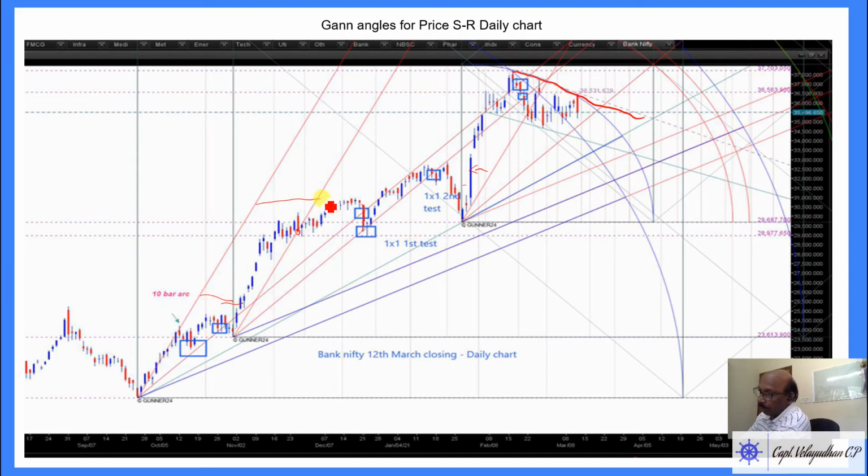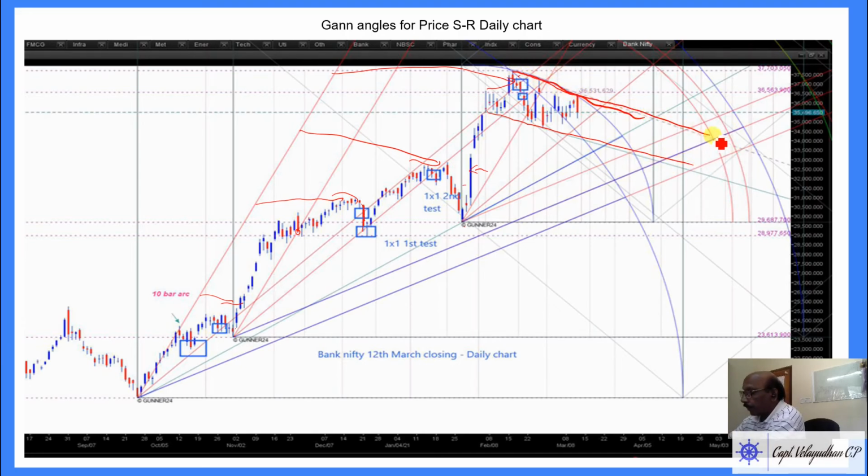Now this Nifty is tired, needs some rest for further momentum. So from the daily and hourly chart analysis, we could analyze that Nifty needs some time to rest before the next flag leg.